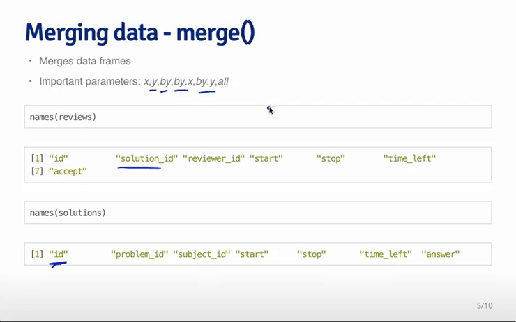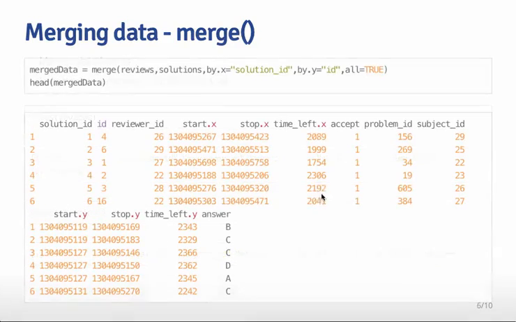By default, it merges by all of the columns that have the common name. So for example, in this data set, it would try to merge by ID, start, stop, time left, and so forth, because those variables also appear in solutions, even though those variables might not necessarily mean the same thing.